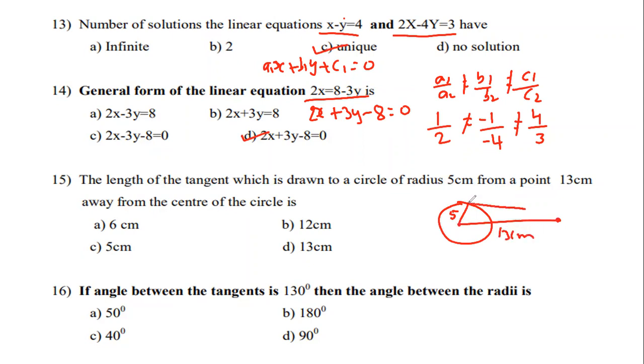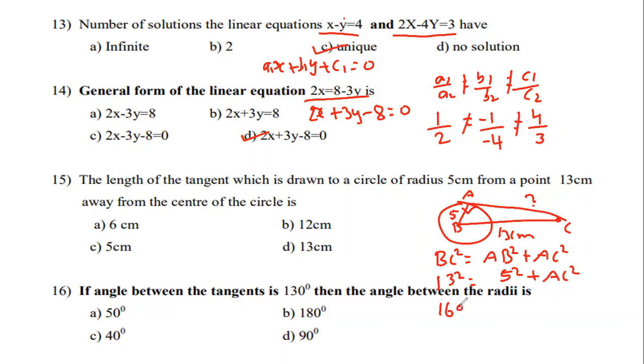Then you need to find out the length of the tangent is question mark. So this is 90 degrees, always we know. Now BC square is equal to, apply Pythagoras theorem. BC square is equal to AB square plus AC square. 13 square is equal to AB is 5 square plus AC square.